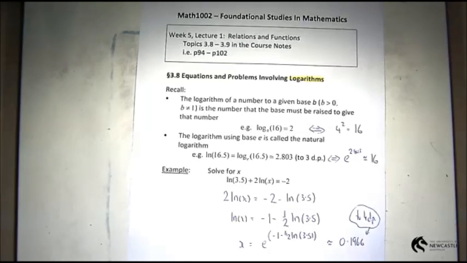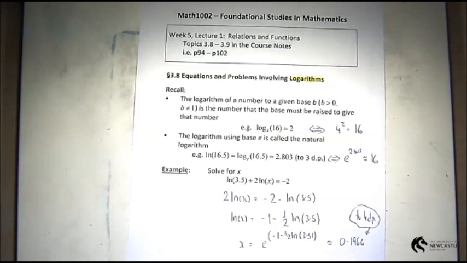And I took the positive square root here because in our original equation I had log of x. And we know that the domain of the log function is just the positive values of x. And so therefore I don't want the negative square root because I can't put it back in the original equation.